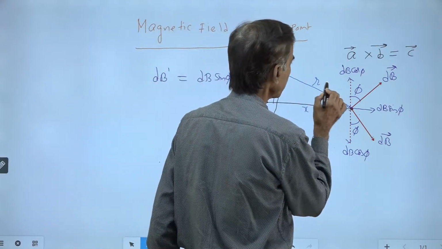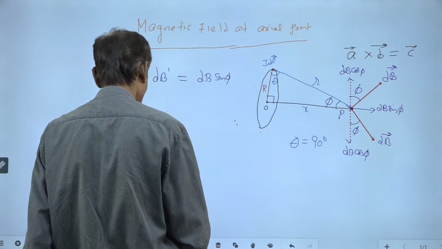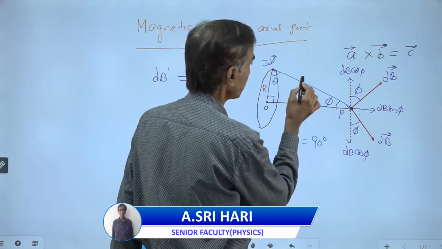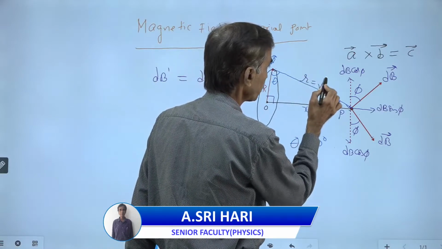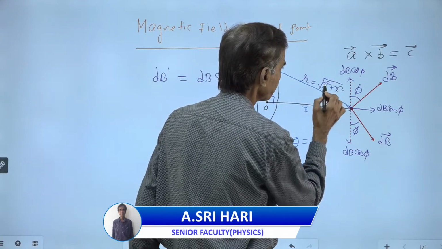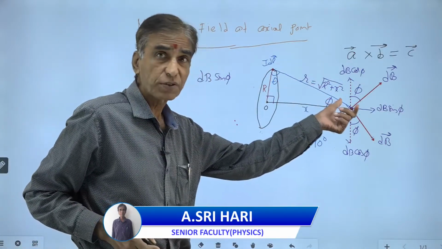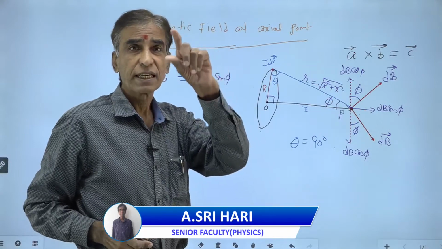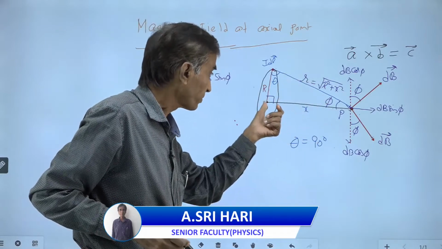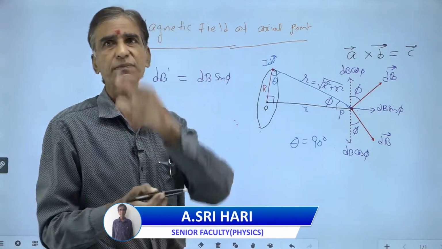So r is equal to the square root of capital R square plus x square, where capital R is the radius of the ring, that is the radius of the loop, and x is the distance from the center of the loop to the point where we want to find the magnetic field.